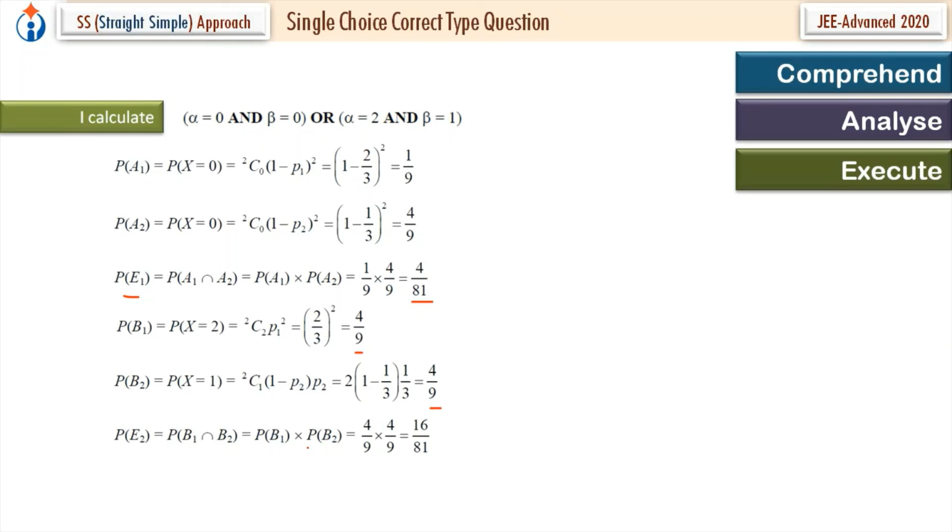So P of E2 is P of B1 into P of B2, 16 upon 81. And the required event probability is the sum of these. Simple. That's the NCERT results only.